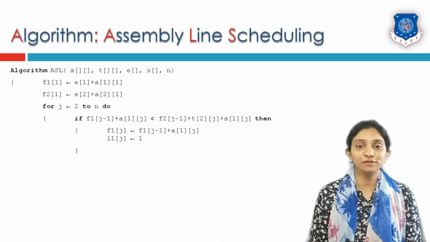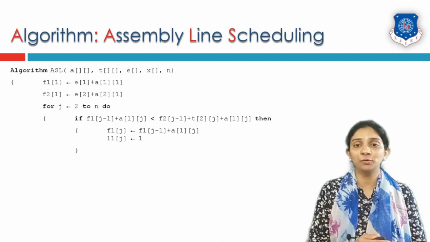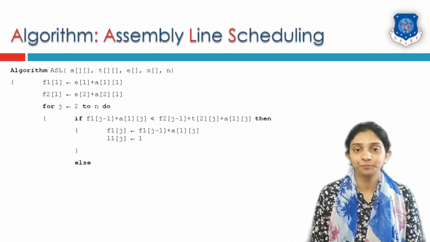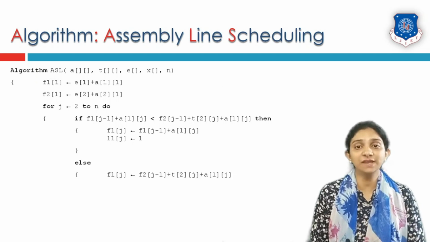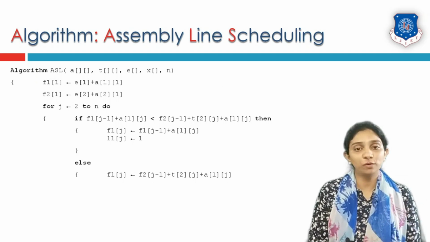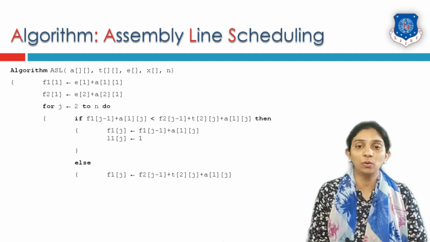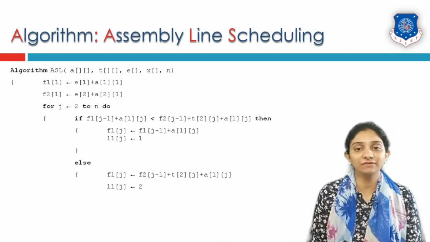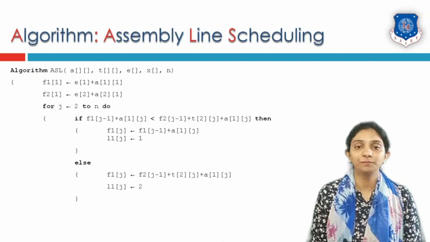But if this is not true, that means the second component of the comparison sign towards the right is lesser. So in the else case, F1 of j will be the other component, that is F2 of j minus 1 plus T2 of j plus A1 of j, and L1 of j will in this case be 2.